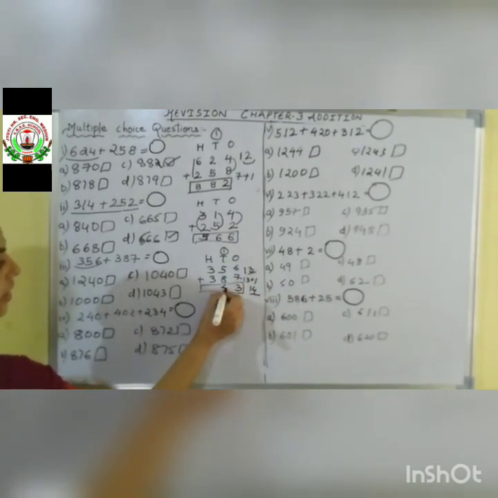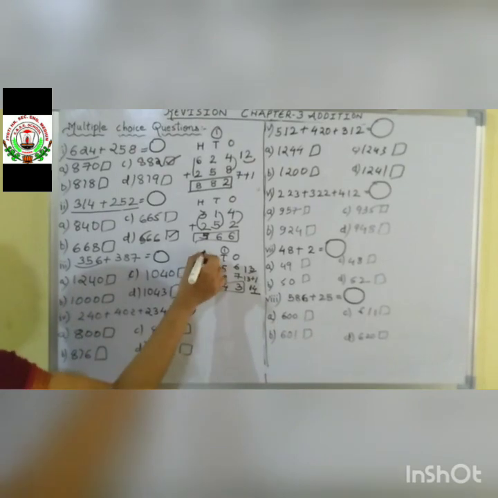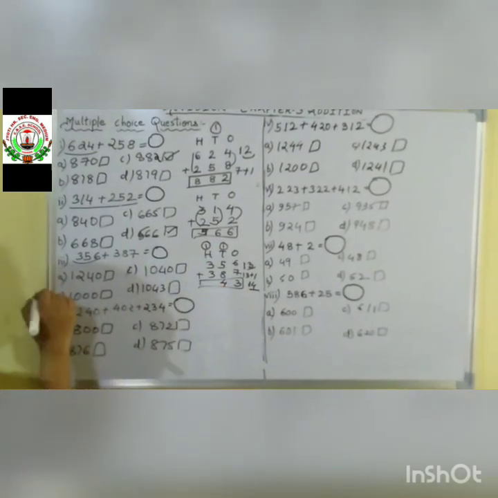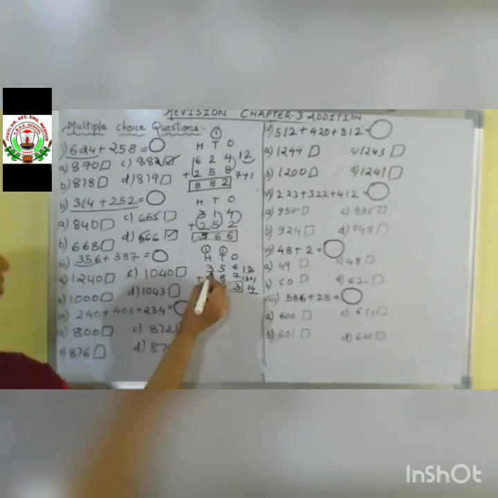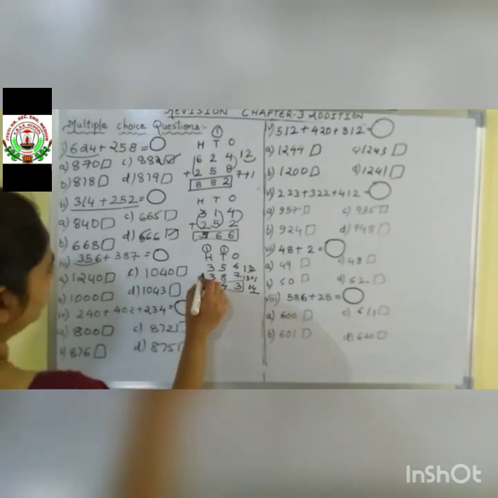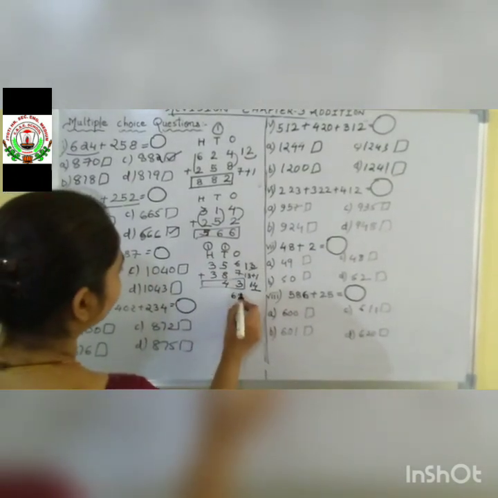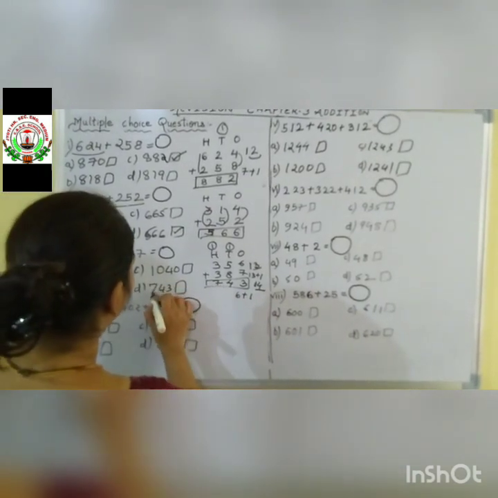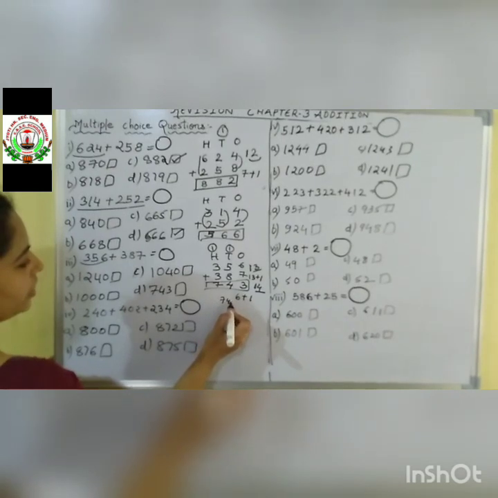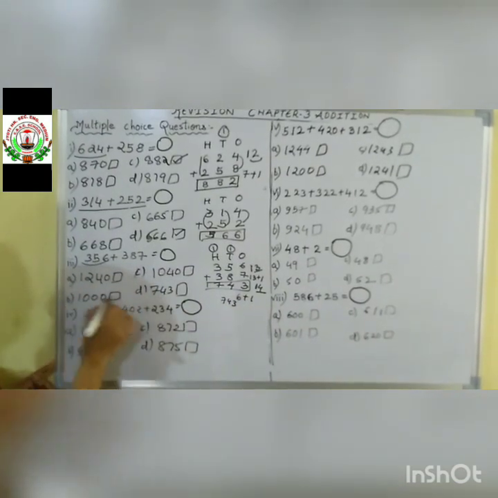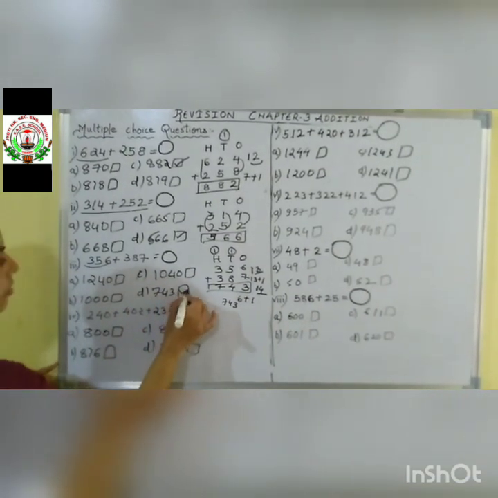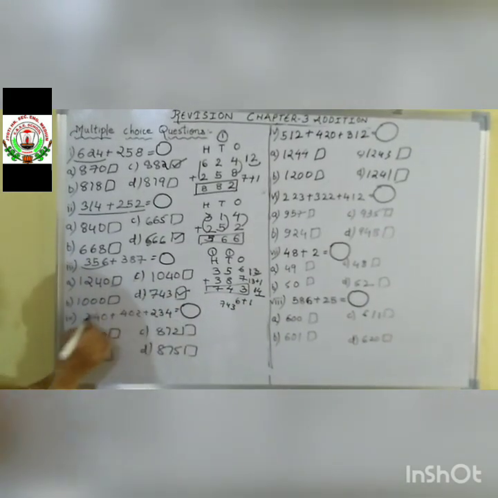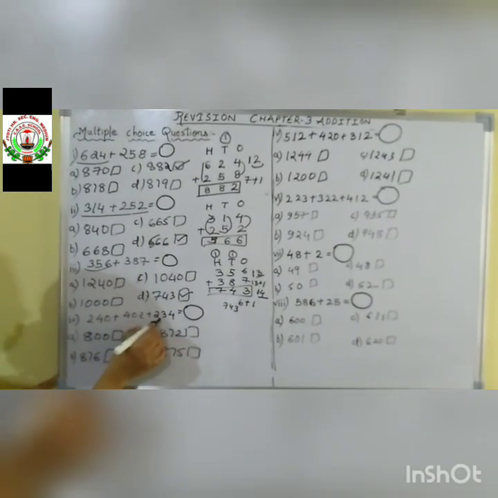Again this 4 will be written here, and 1 will go to the hundreds place. Then 3 plus 3, 6. So 6 plus 1 is 7. So our answer will be 743. Where is the 743? This one. We will put a tick mark over the option 743. That is D.